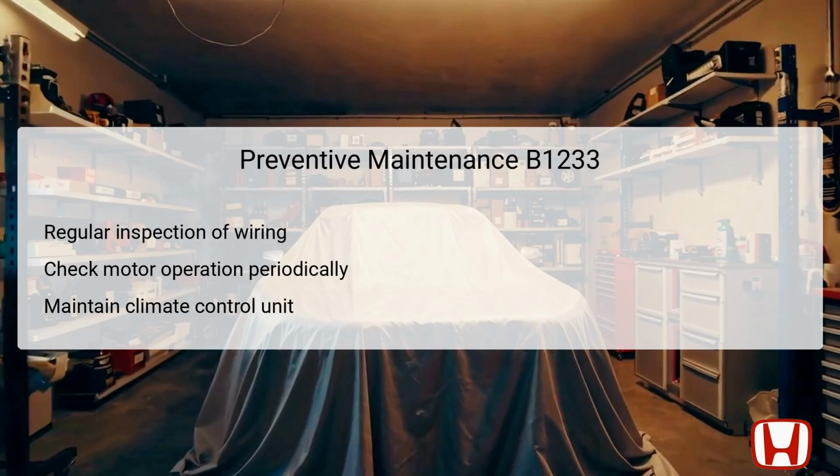Regular maintenance of the climate control unit helps prevent sensor errors and keeps the overall system calibrated correctly. Implementing these practices can aid in early detection of potential problems, avoiding the inconvenience of DTCs like B1233, and ensuring a comfortable driving experience.